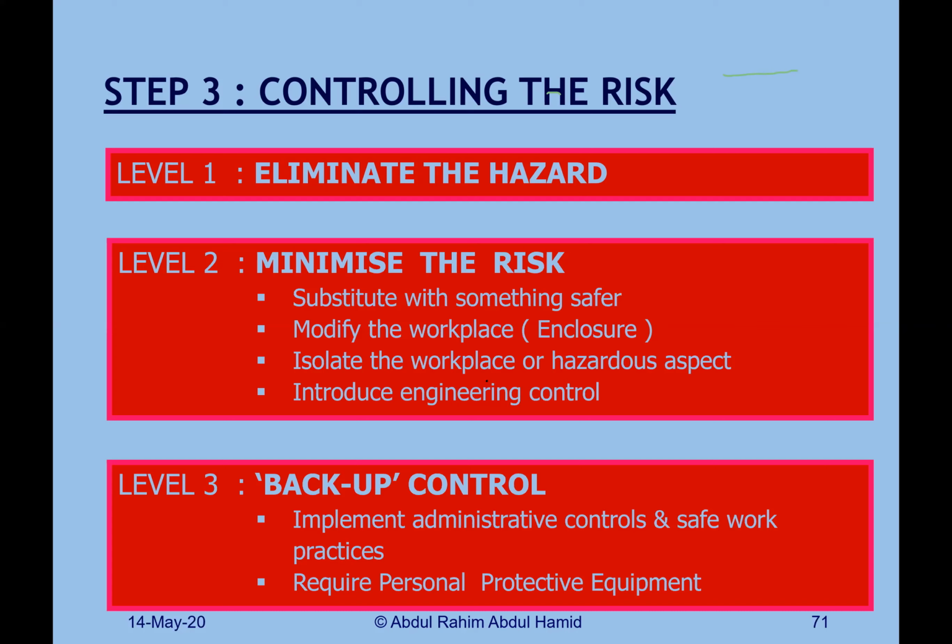Okay, hierarchy of control meaning to say there are certain control measure, control type, where they could be considered as most effective. And then at the end of the day, the lowest one being least effective. So there are also level of effectiveness that we can associate with control.